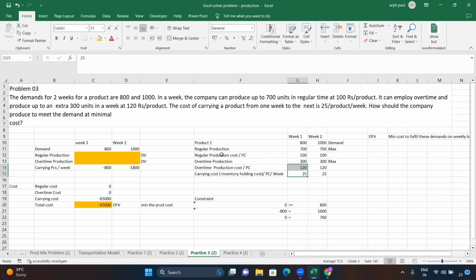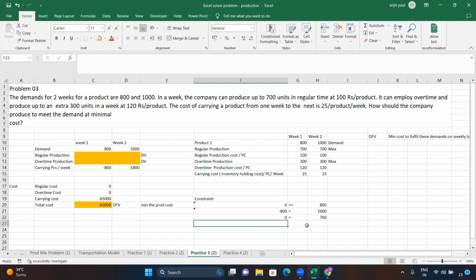If you see, the cost of regular production per piece is 100 rupees and the cost of overtime production per piece is 120 rupees. So if we use our regular production capacity at 100%, at least we can save 20 rupees per piece. Okay, so that is why I have mentioned here equal to 700. So the logic is we are able to use our regular production capacity at 100%.